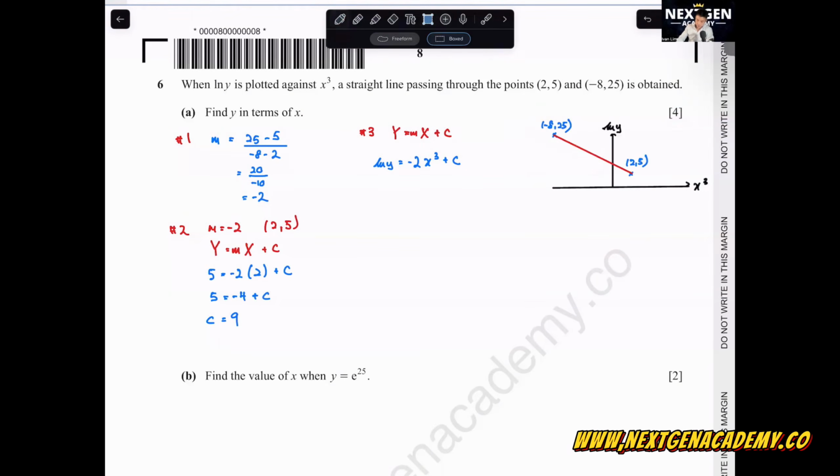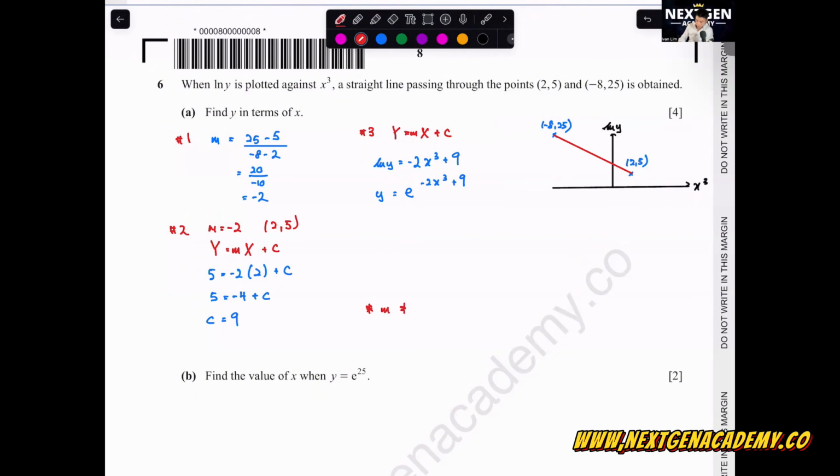But they want y in terms of x, right? So y, you inverse your ln, it will be exponential. y equals e to the power of negative 2x cubed plus 9. Oops, sorry, the c is 9. Just leave it in this form. So remember this one.